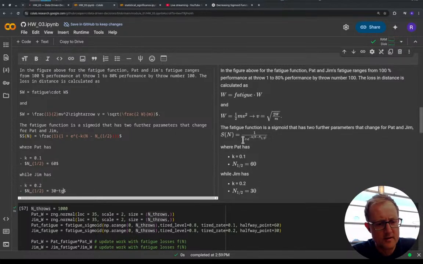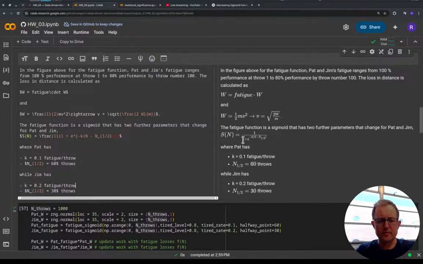And this should say, this is like number of throws, right? And then this is like a fatigue per throw, or joules per throw maybe. I don't know, but it's unitless here.